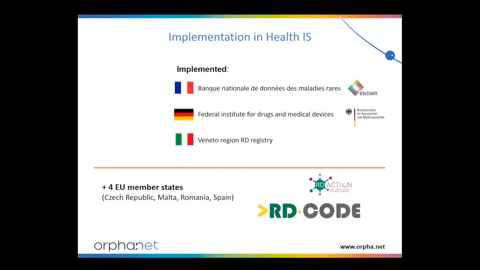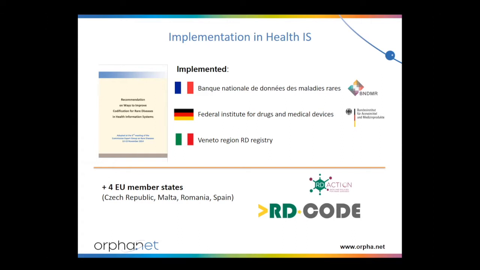A quick word on the political context surrounding the Orphanet nomenclature. Currently, it is officially adopted for the coding of rare disease patients in health information systems in 3 countries, France, Germany, and the Italian Veneto region. And there have been recommendations published by the European Commission that mention the use of ORPHAcodes for the coding of patients.